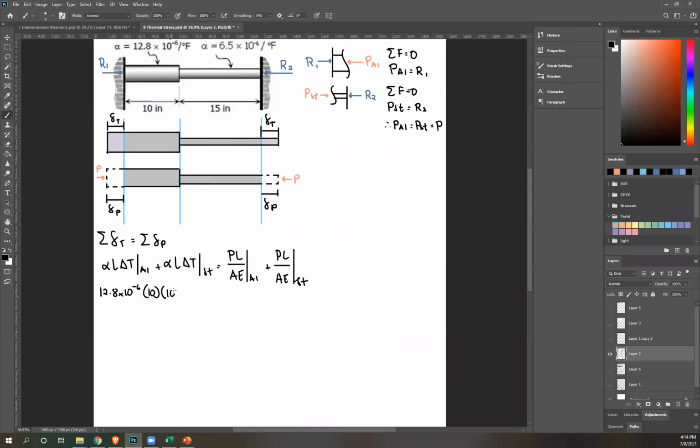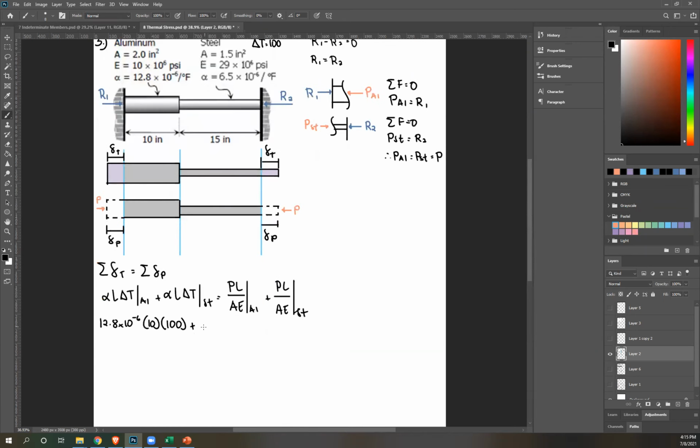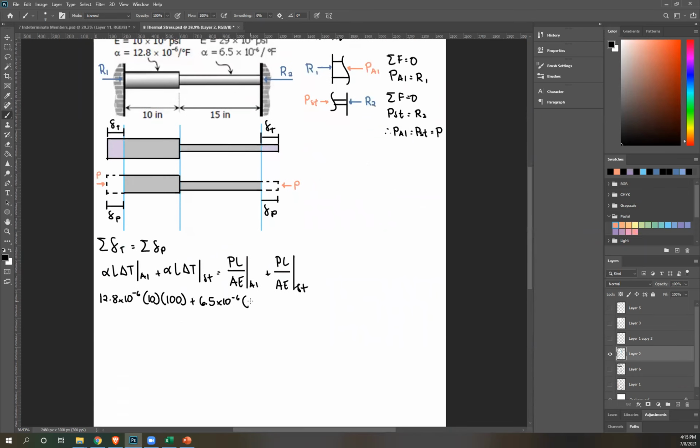So this is 100. Positive since it's an increase. Then plus alpha of steel is 6.5. Original length is 15 inches, so 15. And then again, change in temperature is the same, positive 100. Then equate that to PL over AE. I'm gonna move this down.